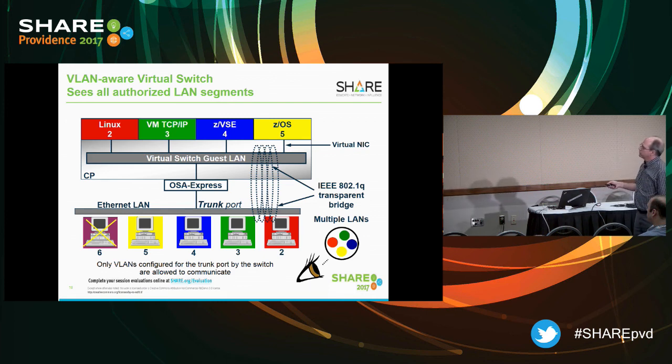The very particular name for this is IEEE 802.1q Transparent Bridge. And I have to keep pointing out 802.1q, because your switch vendor often will have different ways to do this trunking. Cisco has their own proprietary trunking protocol, and that's not the one you want.